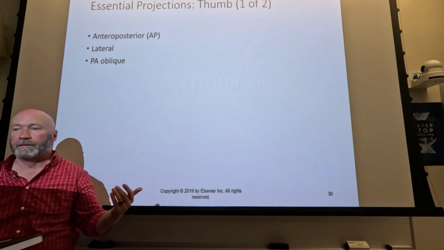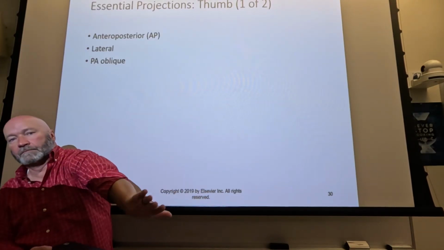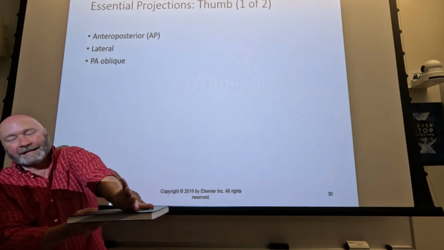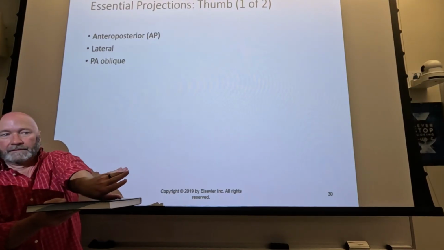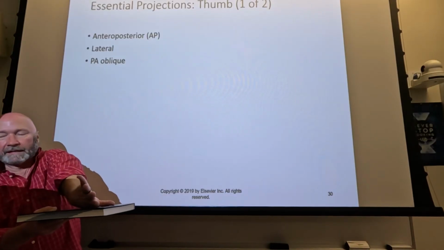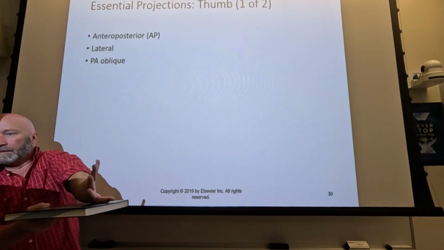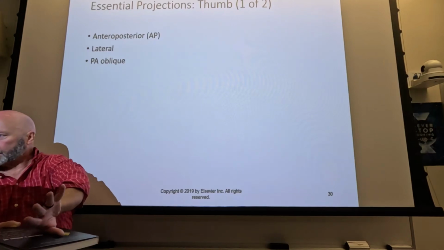The other way is to rotate the arm around like that, and that's probably more common, to get the hand in the way. So make sure you get the hand out of the way, with the thumb on the posterior surface.